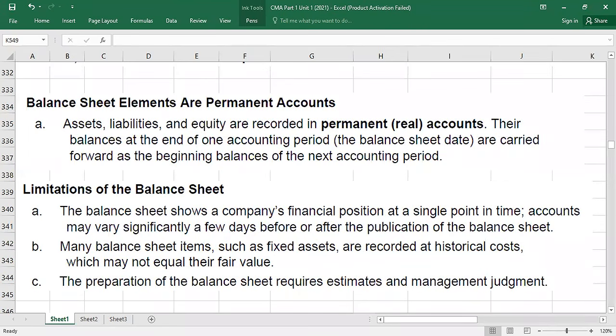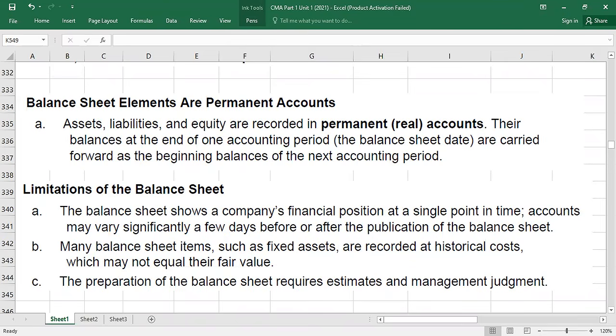When you are showing assets, liabilities, equity at a particular date, you can't trust the balance sheet only. If I'm reading the balance sheet 1 month after the last year's balance sheet, I should not trust only the last year values now. Maybe within this 1 month, a lot of things have changed. You got the limitation, right?